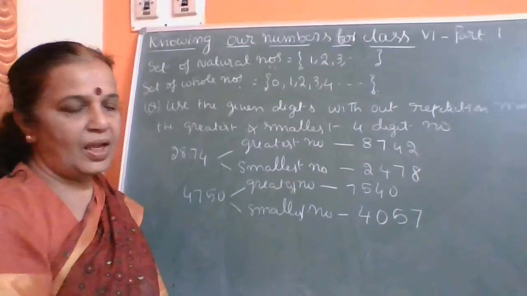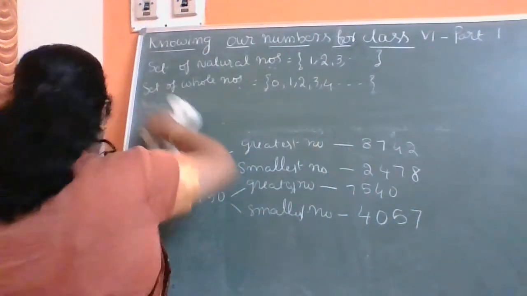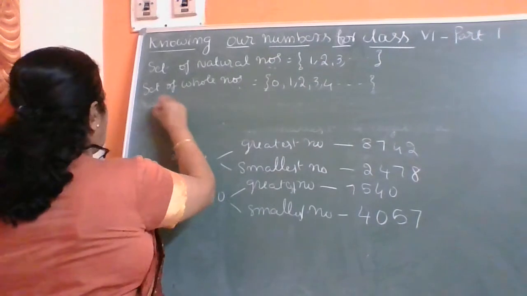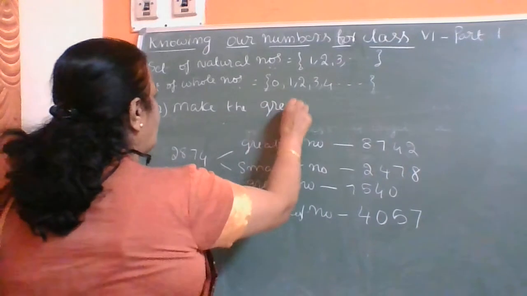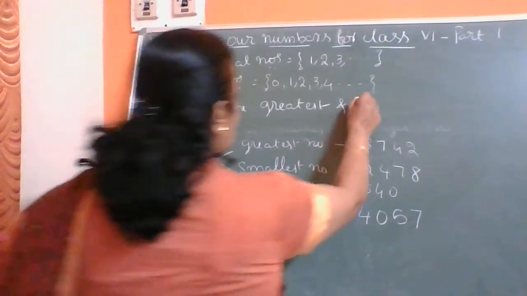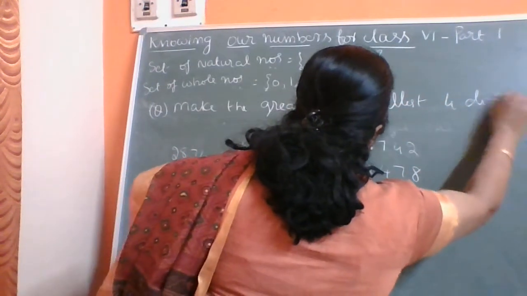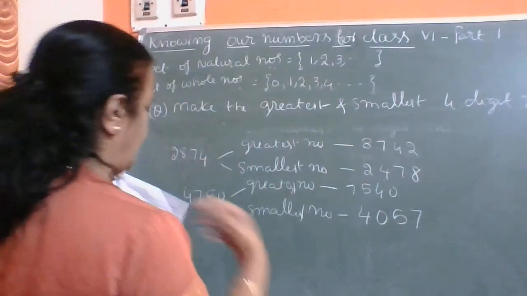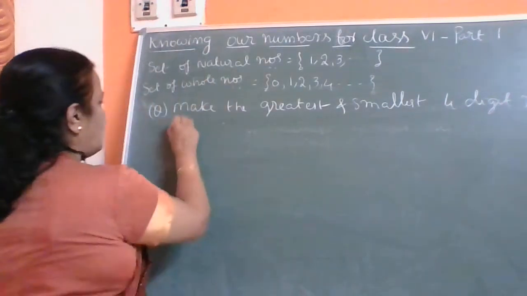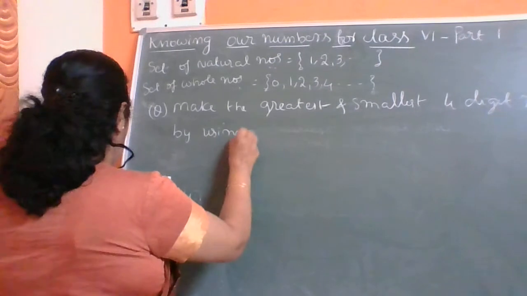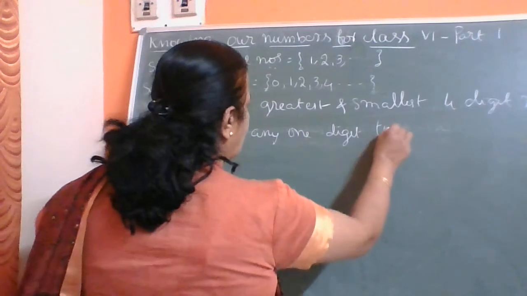And one more type is: make the greatest and the smallest 4-digit number by using any one digit twice.